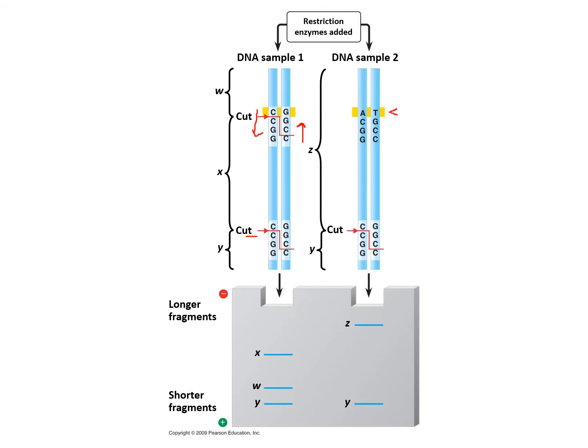This one, because of that single nucleotide polymorphism, that's an N right here, it didn't see the CC there, so it didn't make a cut. It makes the cut down here. And then when you put these two fragments into a gel, you're going to get very different results here. Sample number 1 is going to give you X, W, and Y, whereas sample number 2 is only going to give Z and Y because it didn't have that cut up here due to that SNP, that single nucleotide polymorphism that was different in this individual's DNA.